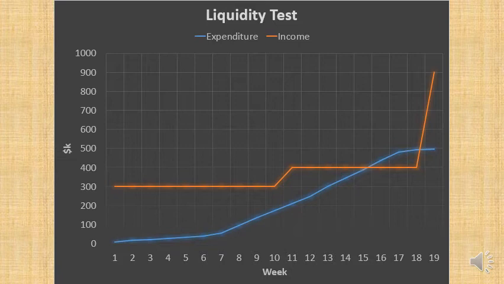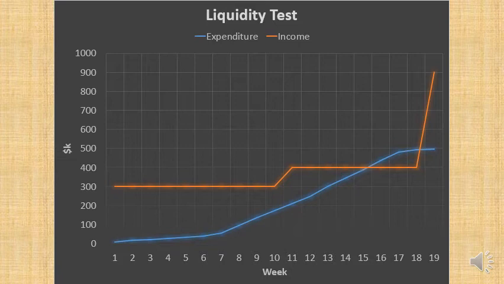Now, we have $300,000 in the bank, and that is shown with the orange line, which is income. It should actually be capital. If you've got income written up there, that should be capital, because the $300,000, that wasn't income from this project. This is capital against expenditure. So we have 300,000, and you can see the expenditure going up.